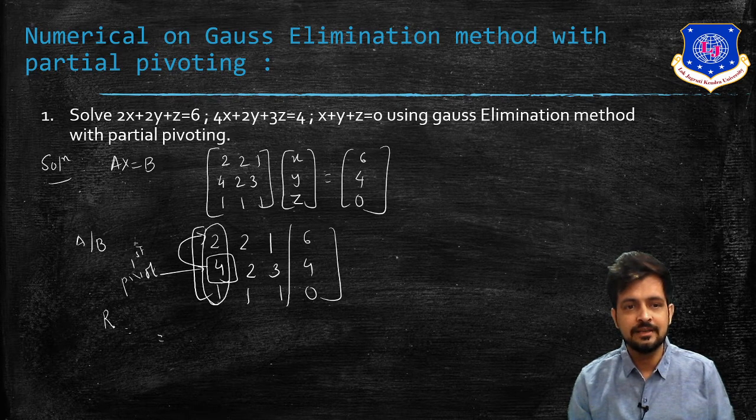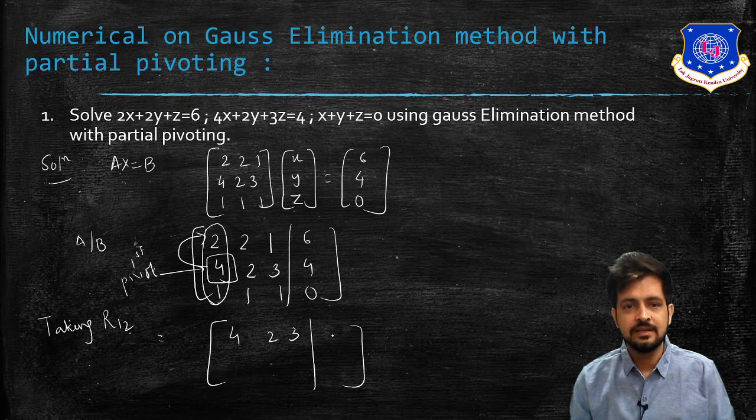So by taking R12, interchanging row 1 and 2, I will get my next matrix. Here 4 will come. See, this is my first pivot.